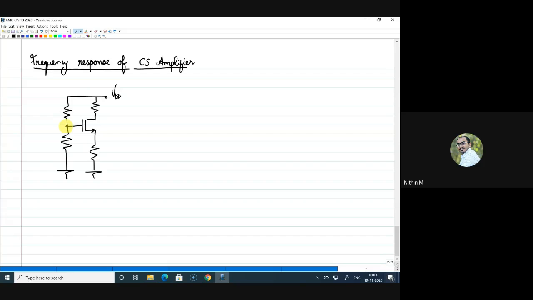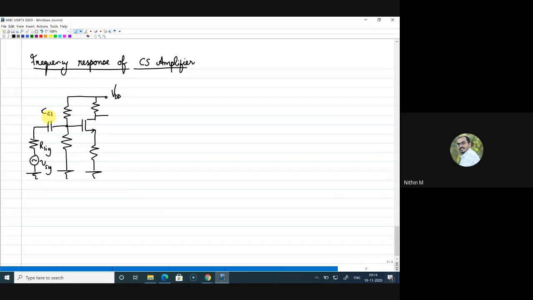Let me just draw the circuit. So I have taken a MOSFET. I have given voltage divider biasing, and to the input side, I'm giving the signal through a source. Source is having some resistance. That is what I have marked here as this resistance. I call it R signal. This is one coupling capacitor.